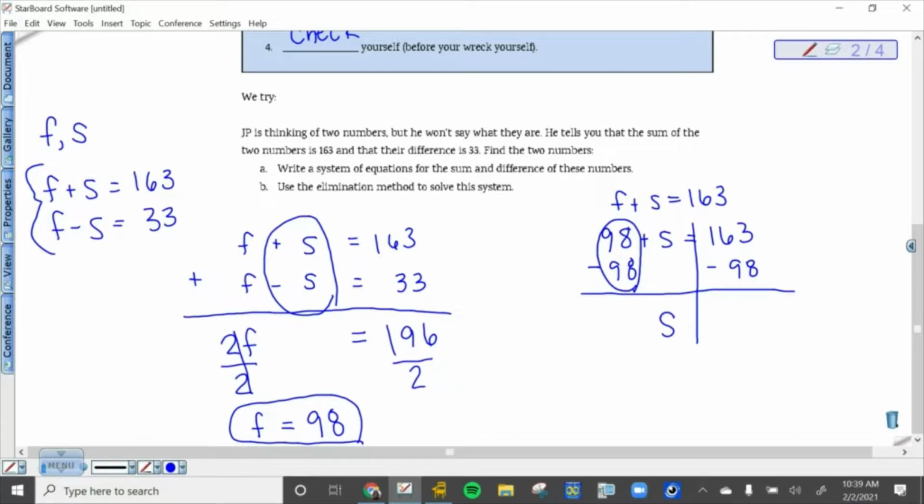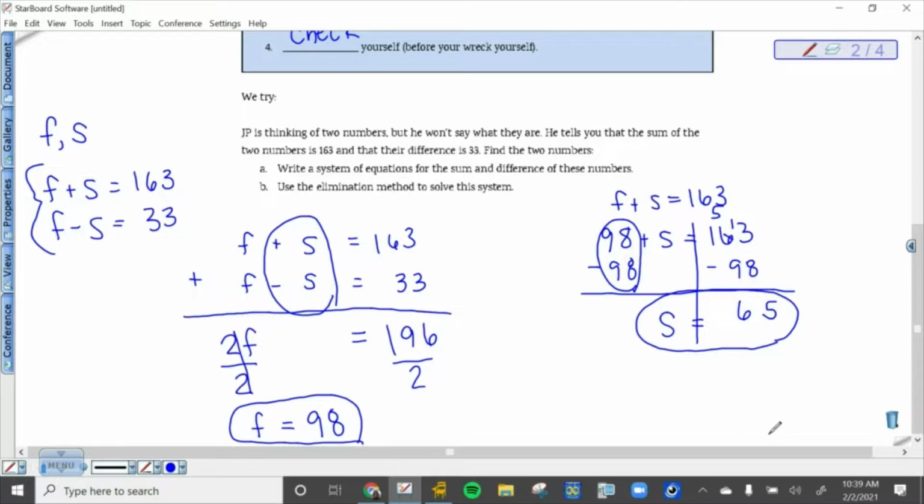So S equals 163 minus 98, which is 65. Good. So now I found my answer for F and for S.